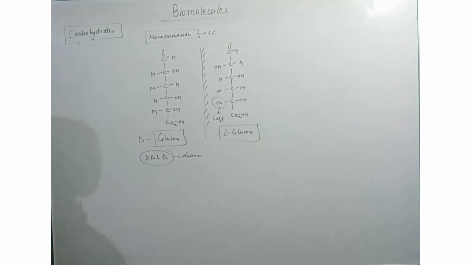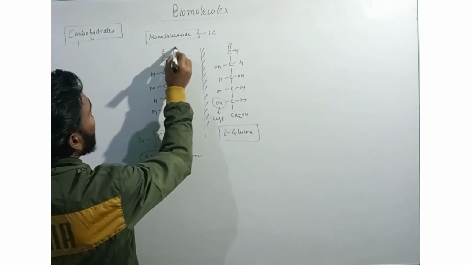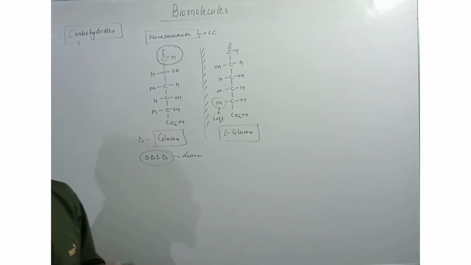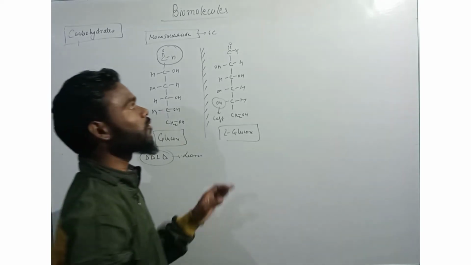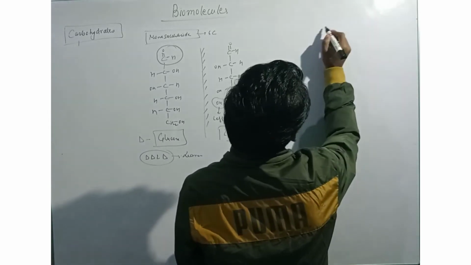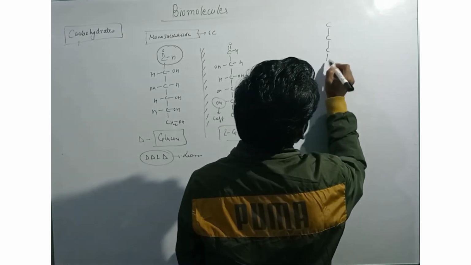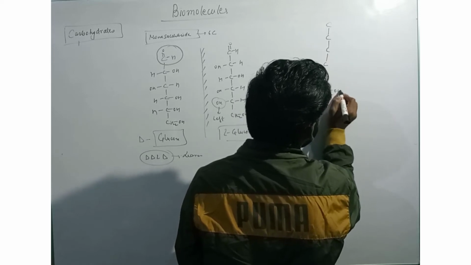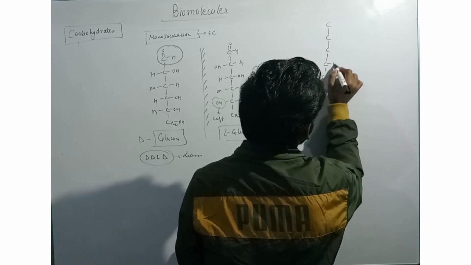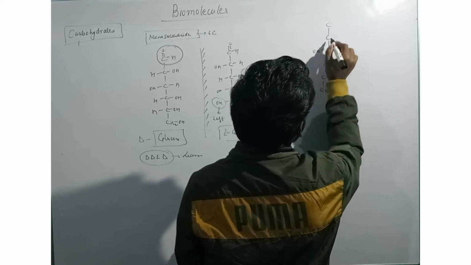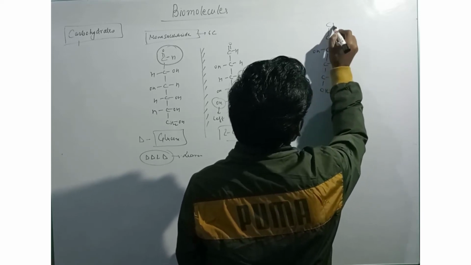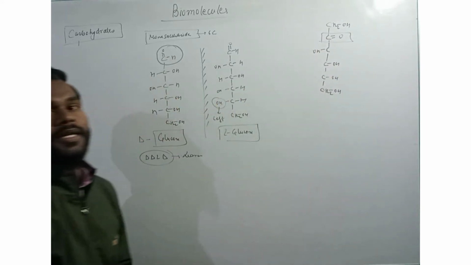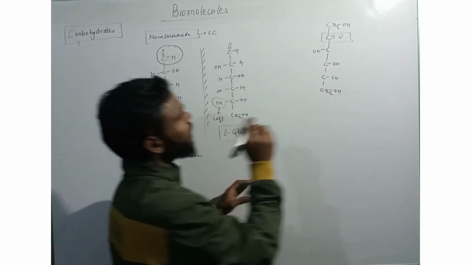Now, when you're talking about a monosaccharide, then it contains an aldehyde group, in the case of glucose. But when you're talking about fructose, then it contains a ketone group. In the second position, in the case of fructose, it contains the ketone group.